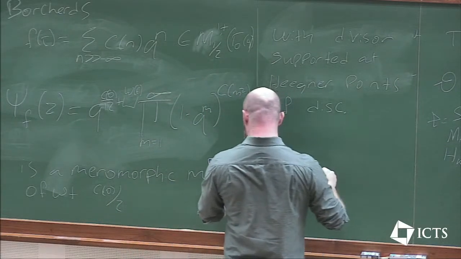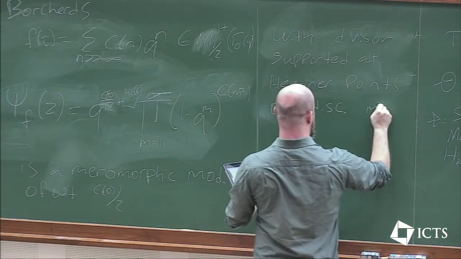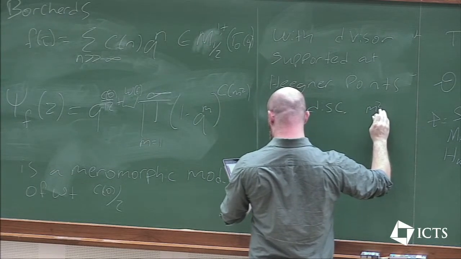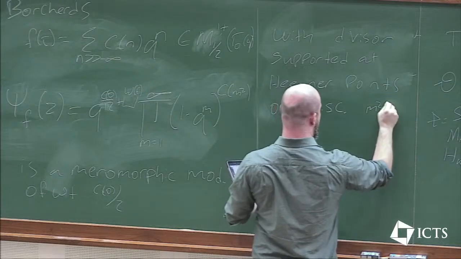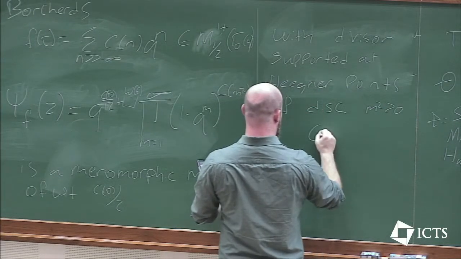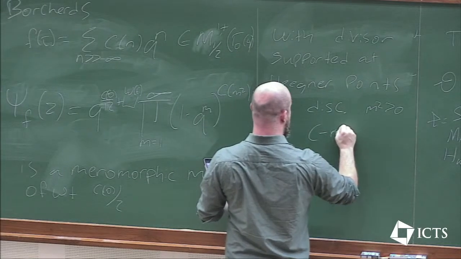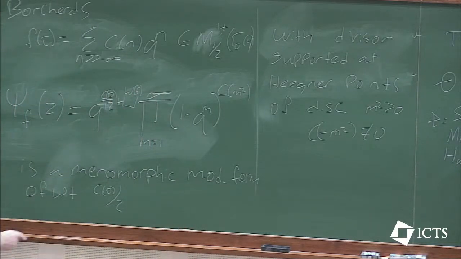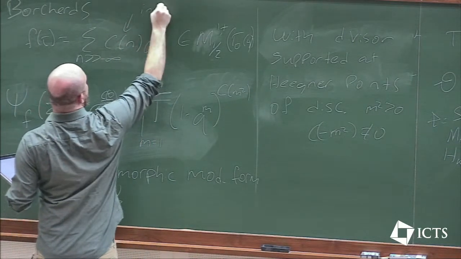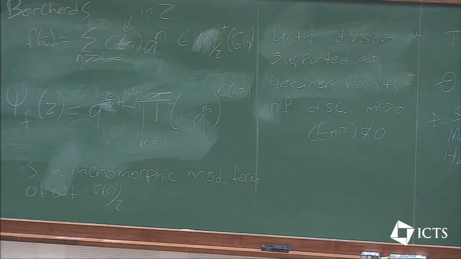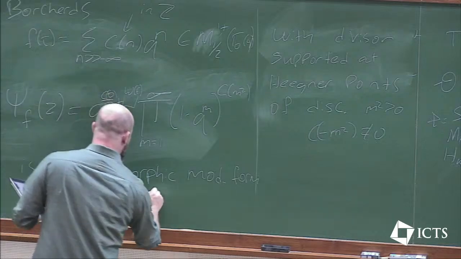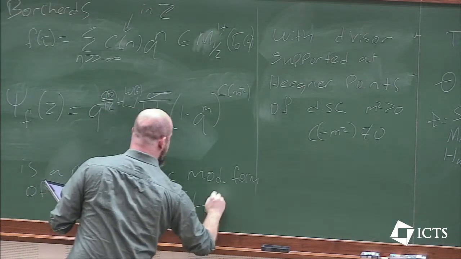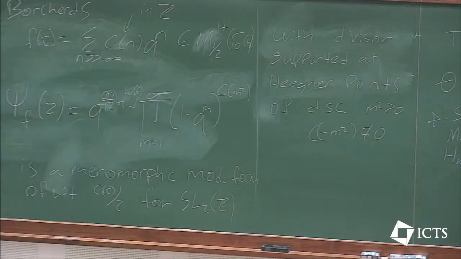Of discriminant, let's see. So the way that I have this, discriminants m squared greater than 0, wherever c of minus m squared does not equal 0. Now I missed one hypothesis here. I need these to be integers. Assuming that I have something with integer coefficients, I can do this and I will get a meromorphic modular form of weight c0 over 2 for SL2Z, with each of these conditions.